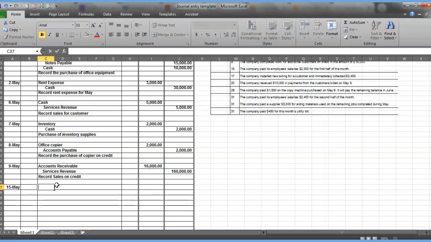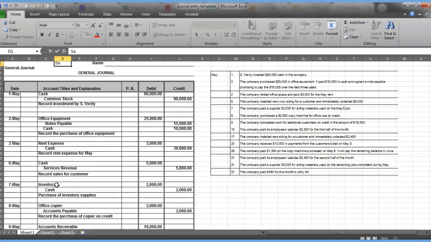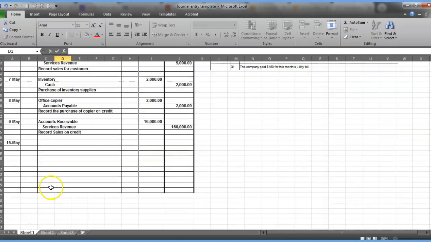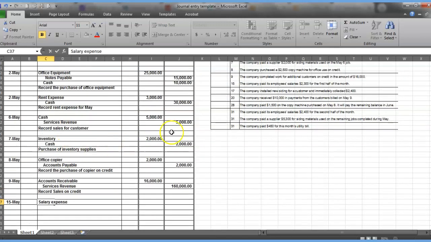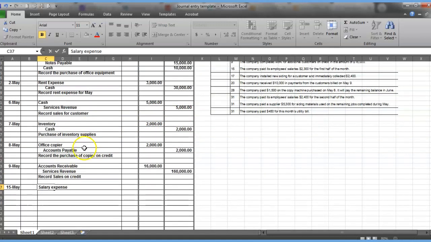So I'm going to record salaries expense, and that's going to be $2,300. And I'm going to record cash because it said paid. I'm assuming if I paid something, I'm actually reducing the amount of money in my bank account.